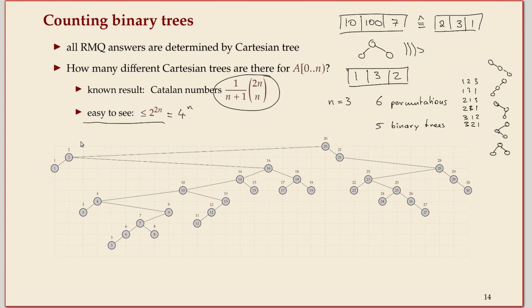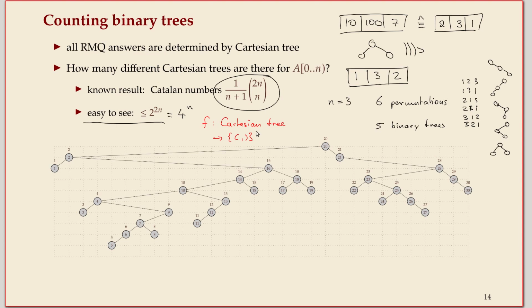What I want to show is we can compute a function that takes a Cartesian tree and encodes it as a special string, namely one that has opening and closing parentheses.